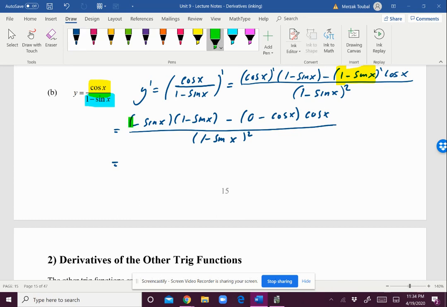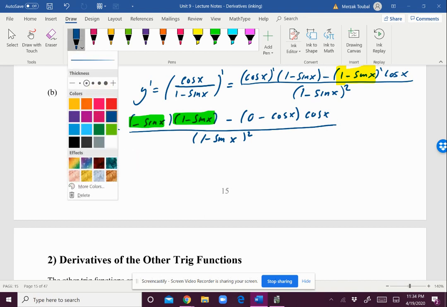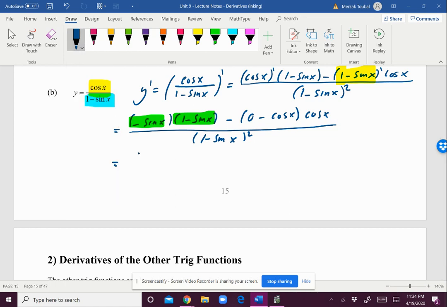Now, negative sine times 1 minus sine, that's negative sine x plus sine squared.